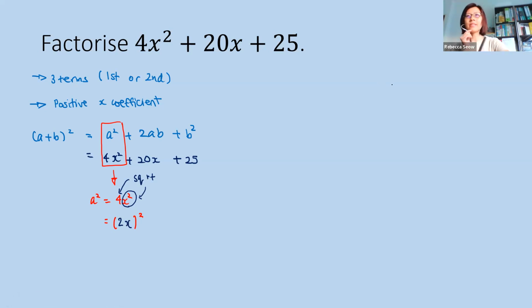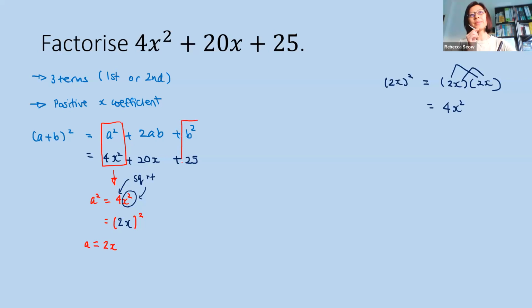Let's verify this on the side. So if we want to consider 2x whole thing square, you know that when we square any number, it's that number multiplied by itself 2 times over. And this gives us coefficient 2 times 2, 4, x times x, x squared. Okay, so 4x squared is indeed bracket 2x, close bracket, square. Here, we can see that a is equals to 2x. Now within b, b squared is equals to 25.